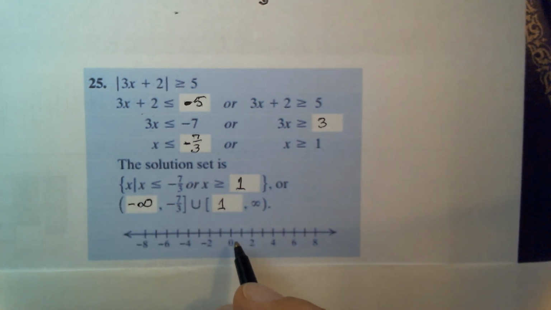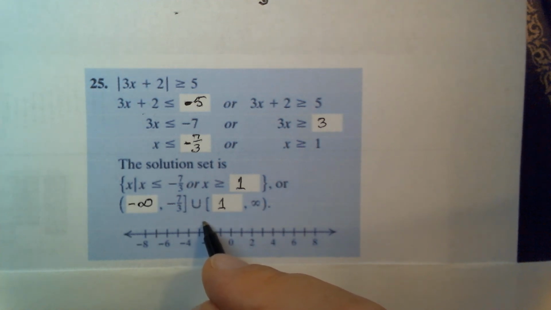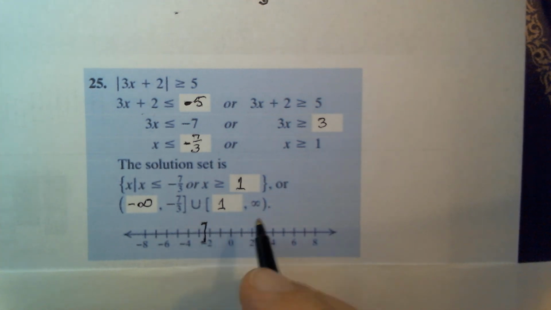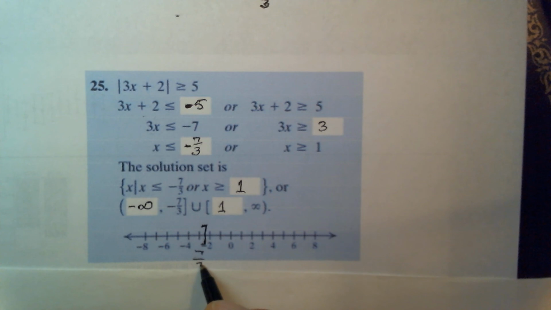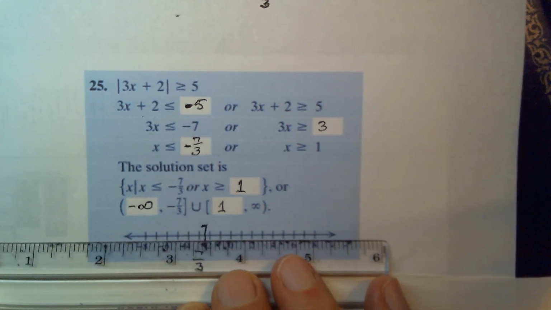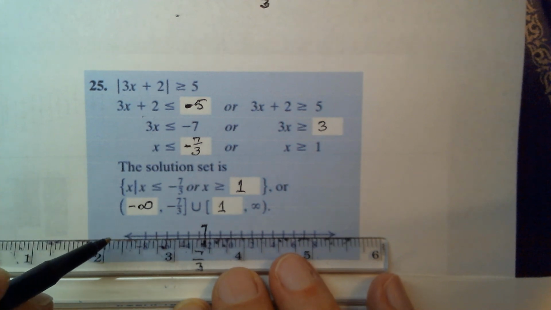And if we were to graph this, minus 7/3 is a little bit more than minus 2 and 1/3, so it's a bracket here at minus 7/3, and then we have the arrow going in this direction.